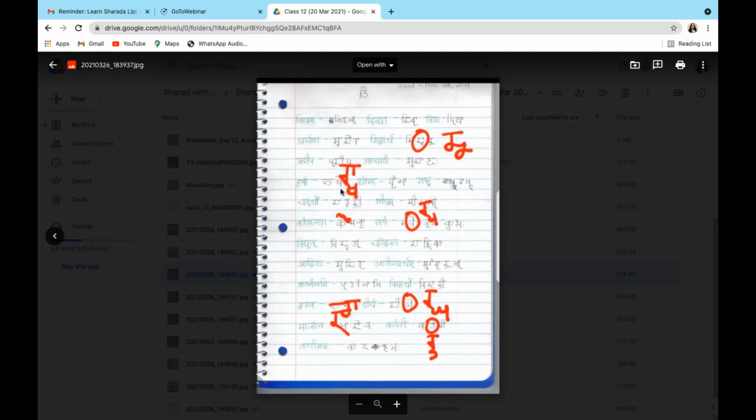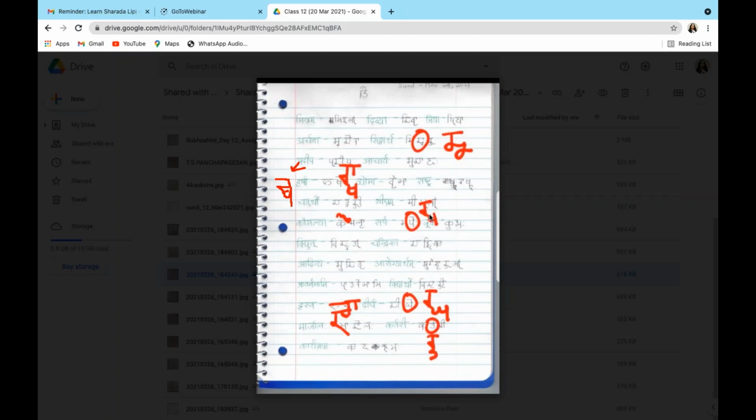Whereas in the main homework, if you see, it's been written like this. So I'll just mark how it was written. It was written like this. So it would not follow this particular rule since Sh does not have a Shirorekha. That is the correction that is marked here.